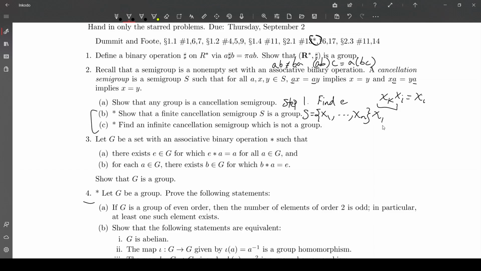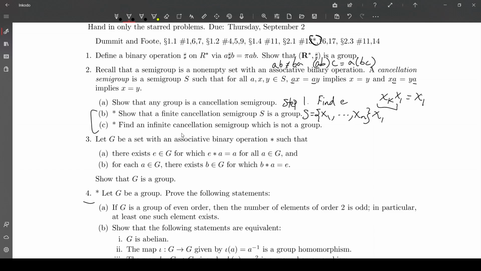Really you would do this first for x1, so you define k based on 1, and then you prove that x sub k is your identity. Once you prove that it's an identity, you show that everything has an inverse, which holds from this permutation fact. And that it's unique also follows from the permutation fact.